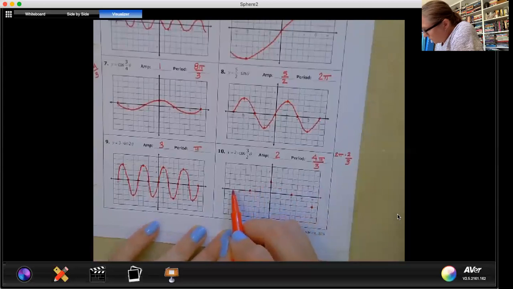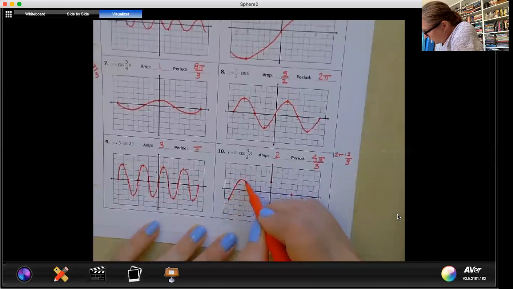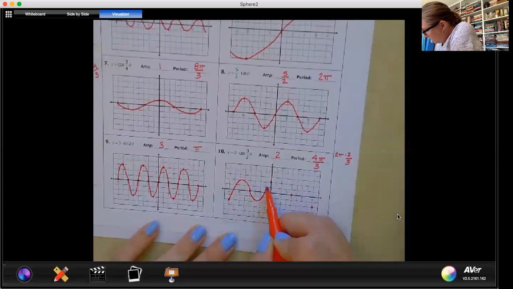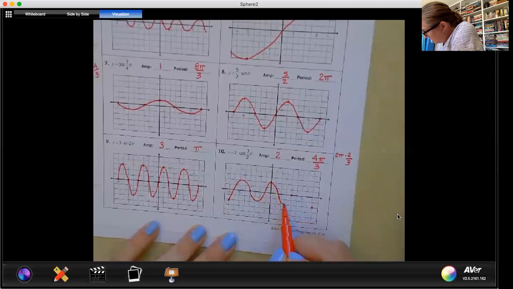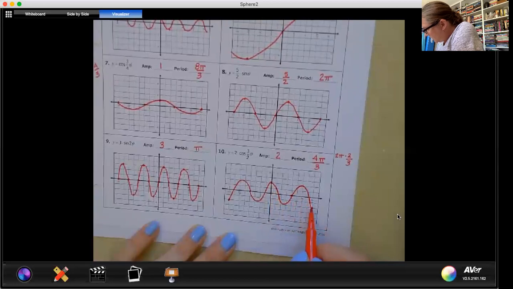And then 1, 2, 3, 4, and down. So we're going to go up to 2 here, and then down, and then here, and down, and up, and down, and there.